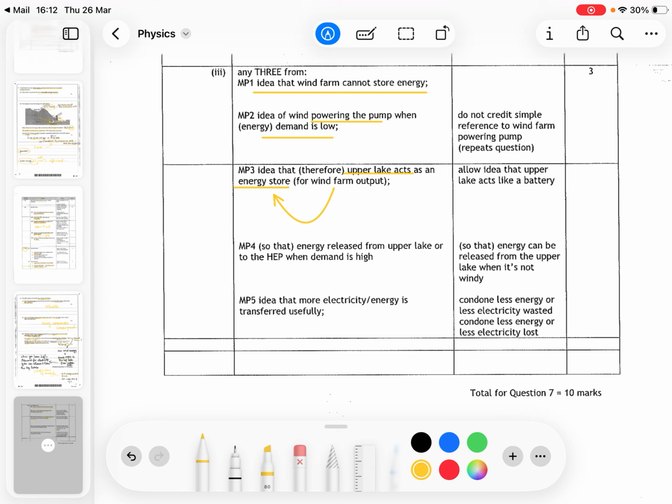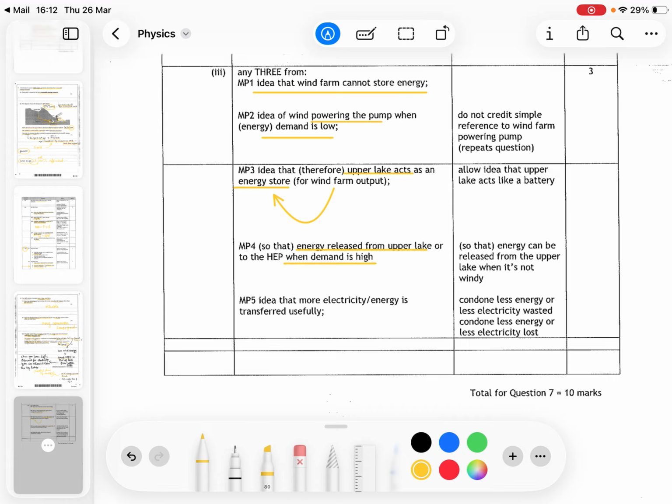So you're doing electrical work in the pump to physically do mechanical work to push the water back uphill. And then energy is released from the upper lake when the demand is high.